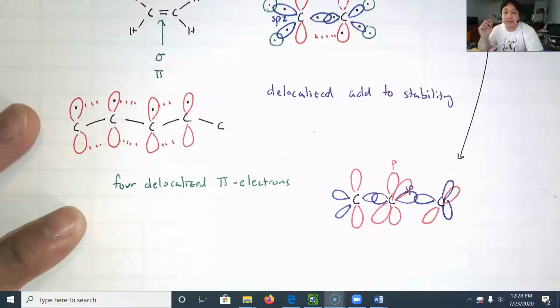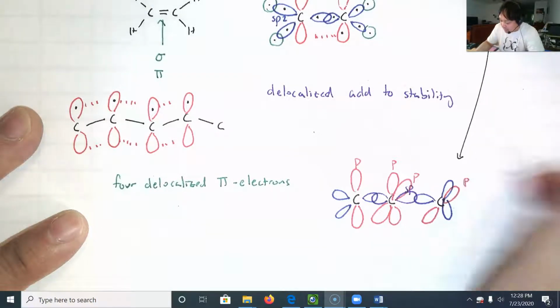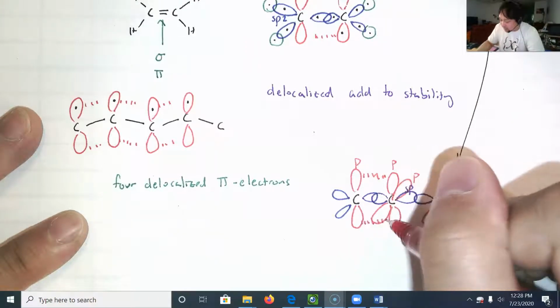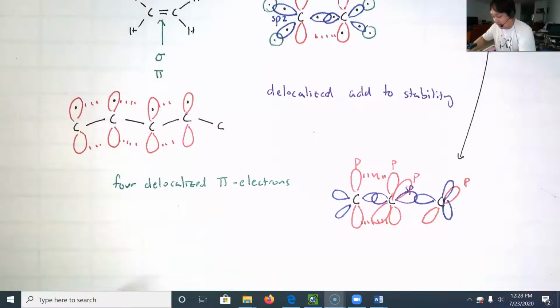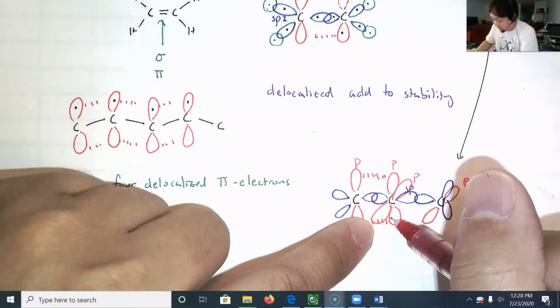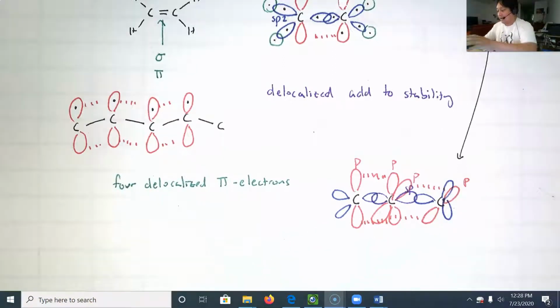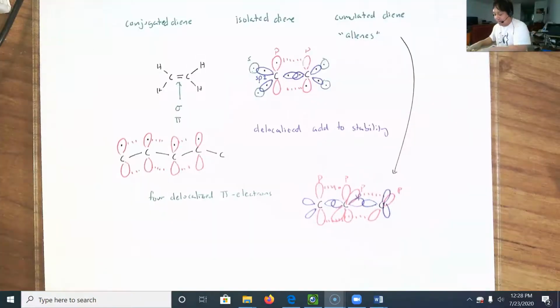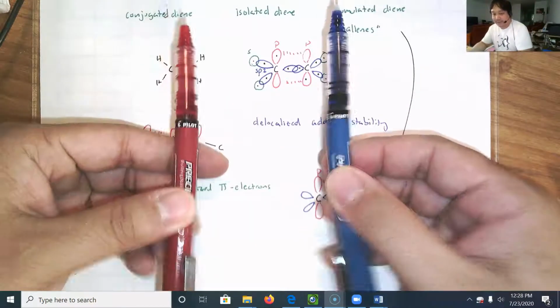So let me draw you the dashed lines to show you where the p orbitals are and the pi bonds. So there's one pi bond here between the two p orbitals that are straight up and down. But here we have two p orbitals that are on their side. Okay? It's hard to show on a flat piece of paper, but basically my pi bond for this first two carbons looks like this.